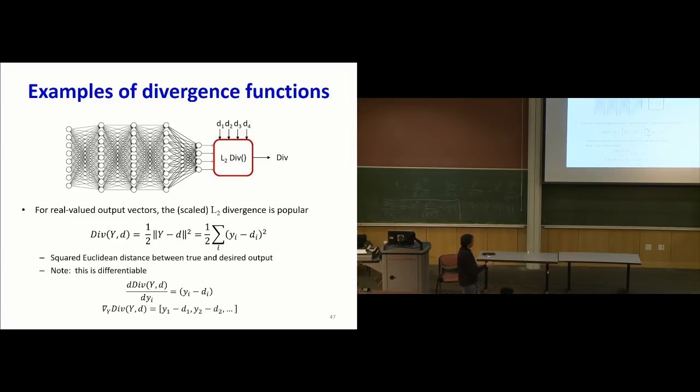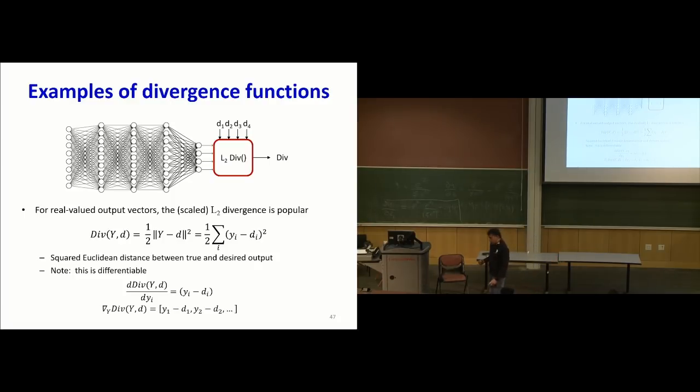And of course, you can see that if I differentiate it, you're just going to find it's going to be half of the squared Euclidean distance. This half is just a scaling constant for convenience sake, because when you differentiate it, you find that the derivative is simply the difference between the target output and the real output that you get. So this is just a vector of errors.